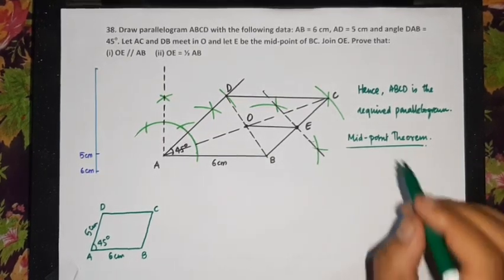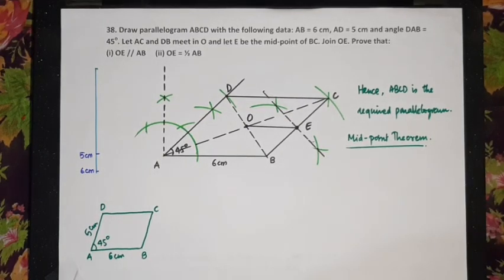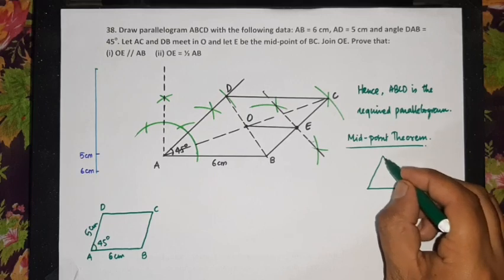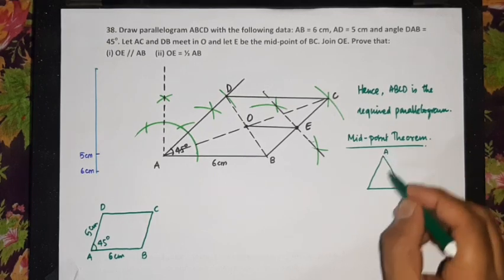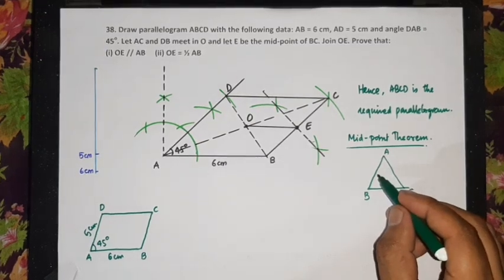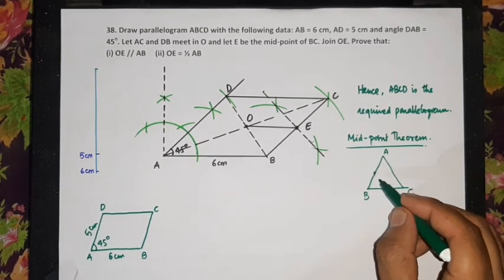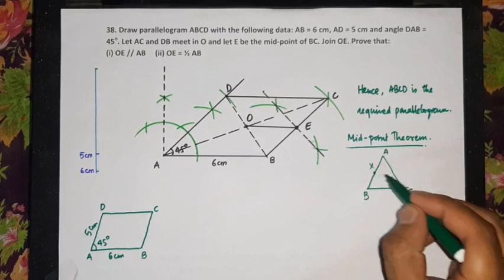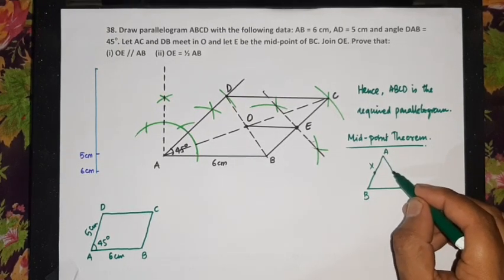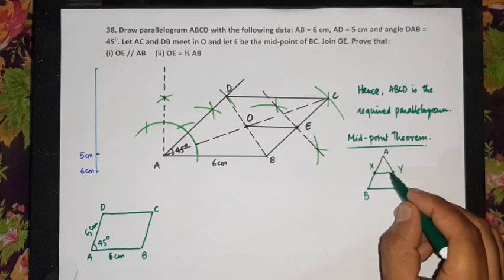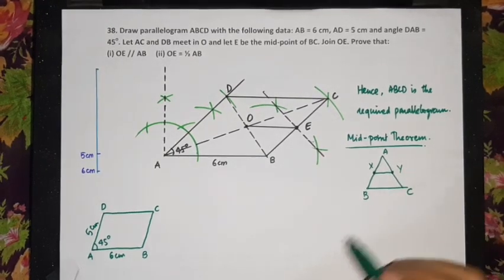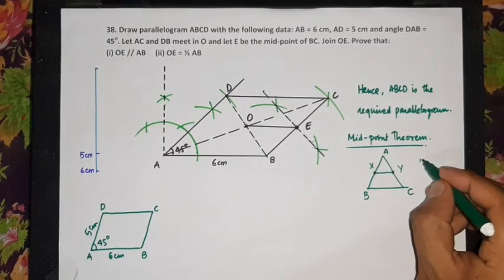The midpoint theorem says, if there is a triangle ABC, and I take the midpoint of AB to be X, and the midpoint of AC to be Y, then this line XY will be parallel to BC.